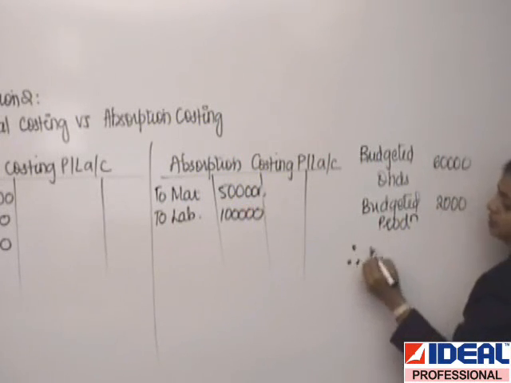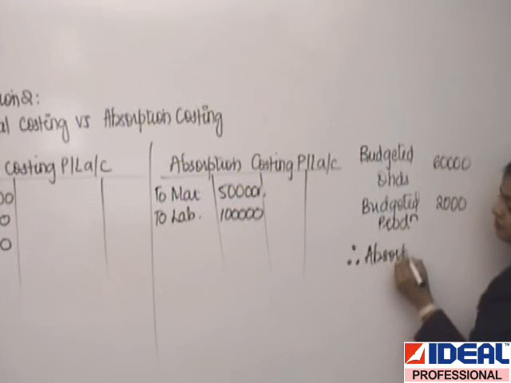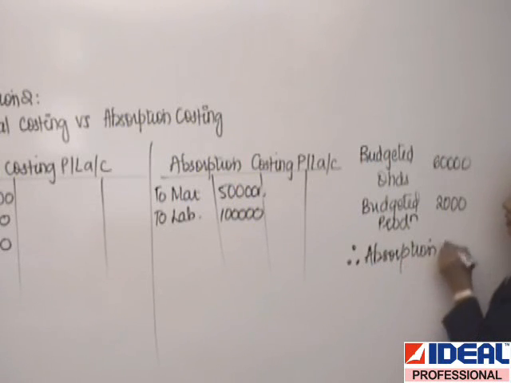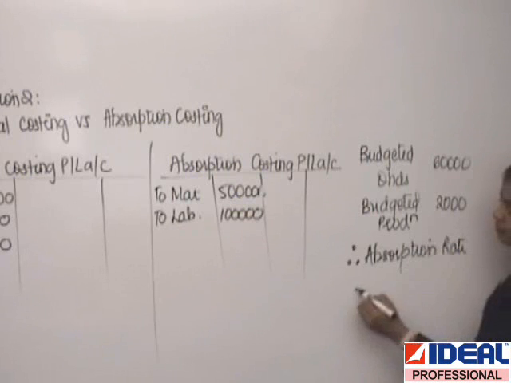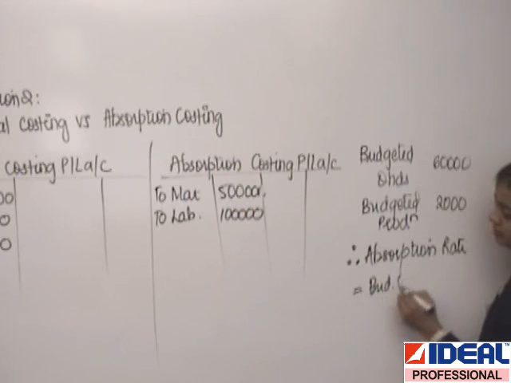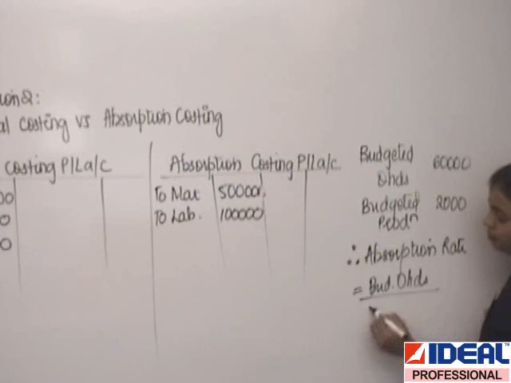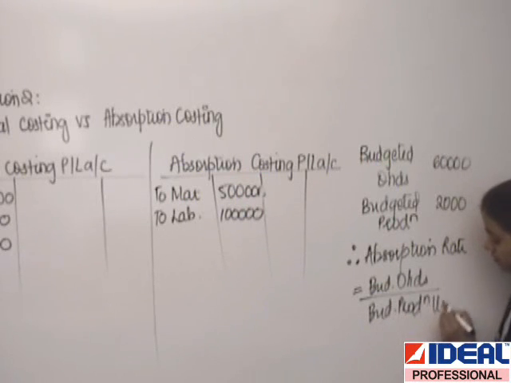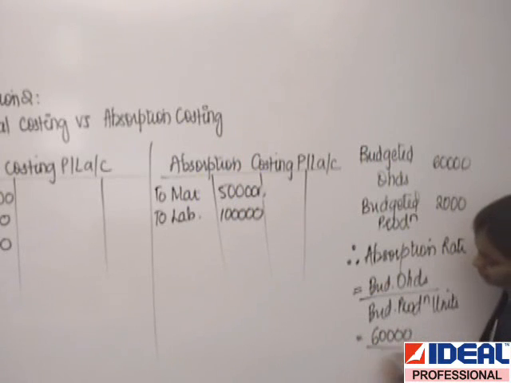So what will be the absorption rate? Absorption rate is budgeted overheads upon budgeted production units. We get 60,000 divided by 2000, that is rupees 30 per unit.